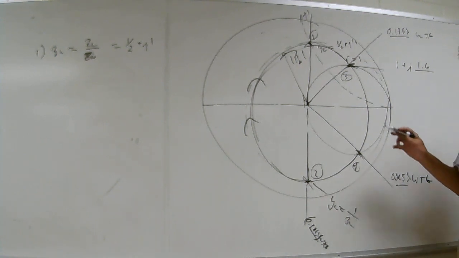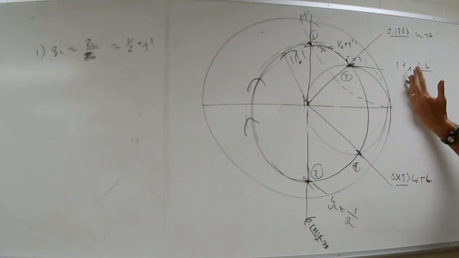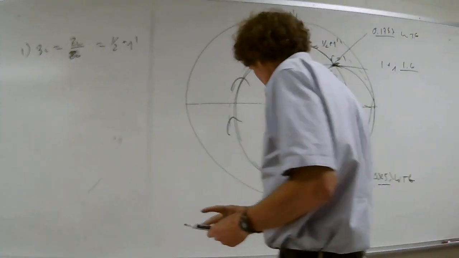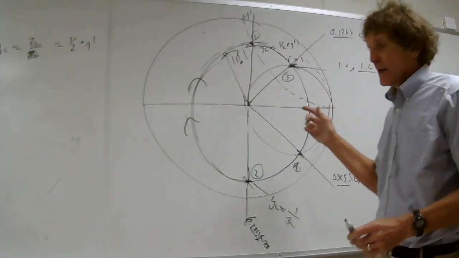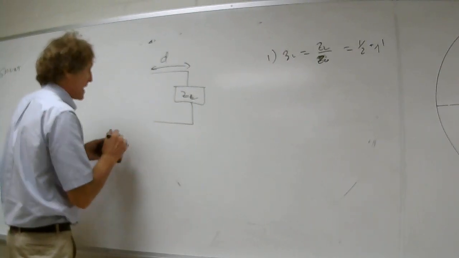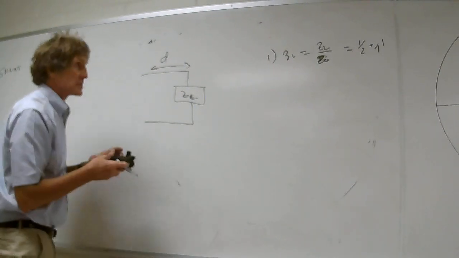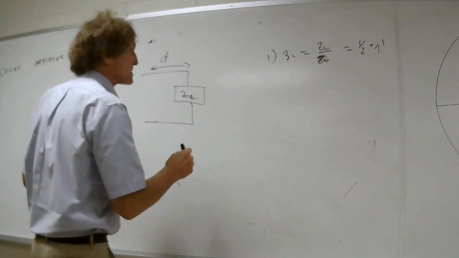Now, if we land on this point, we have a normalized input admittance of 1 plus J 1.6. And here's what I'm going to do. Remember, I'm going to move, and when I move to a distance of, well, we didn't calculate this distance.